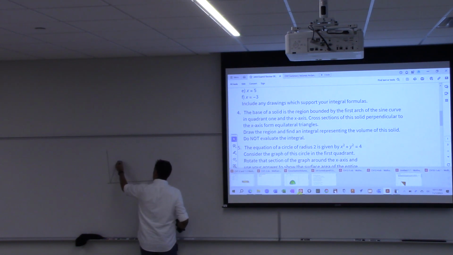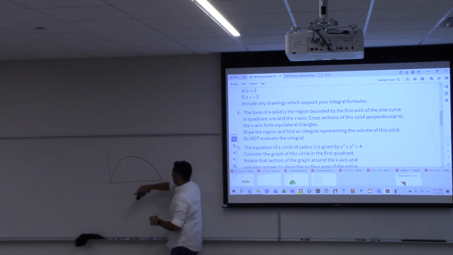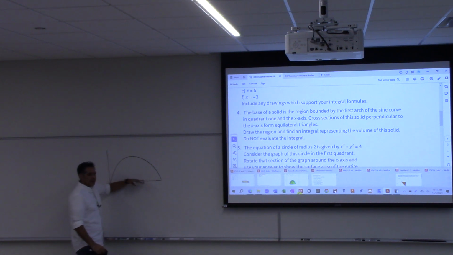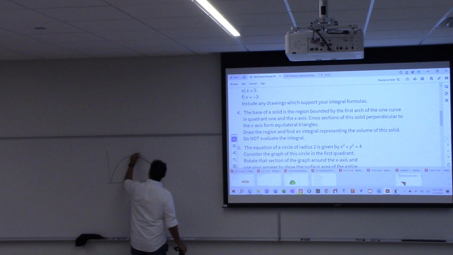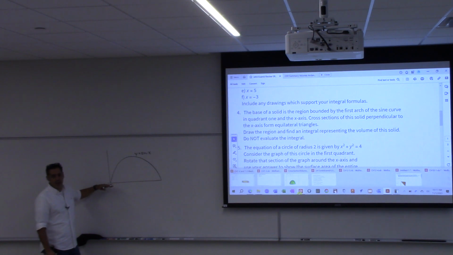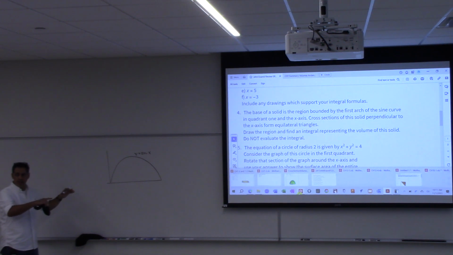Sine function goes like this, and then continues and goes down and back up, right? But we're only looking at the first arc of the sine curve in the first quadrant and the x-axis. So that's our region right there. This right here is y equals sine x, right? And the bottom of this thing is y equals 0. That's the base of the solid.